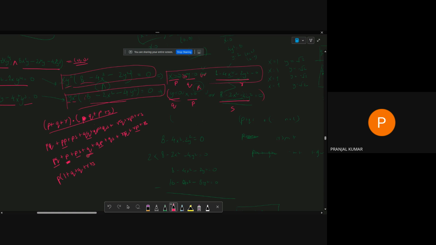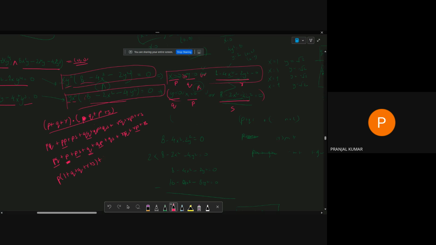One is left, the s term, then qp, this term, q, then one more. So how many terms were there? One, then q, then q, then s plus r.